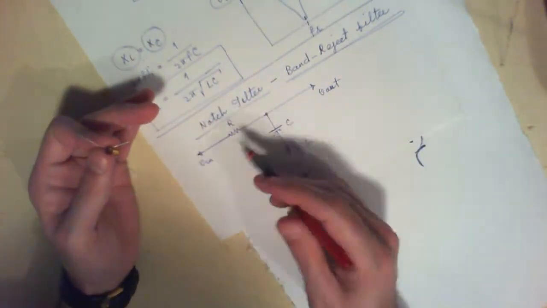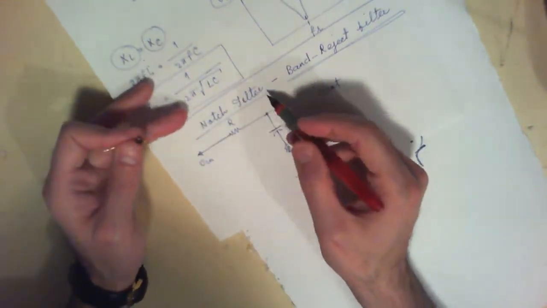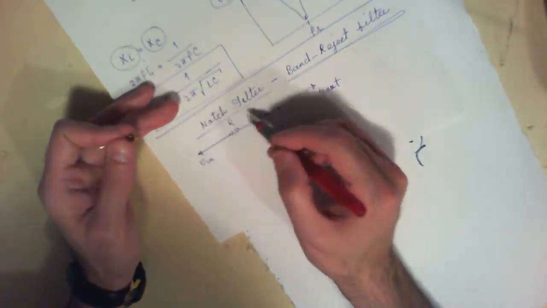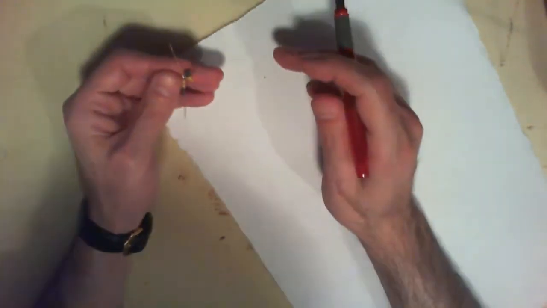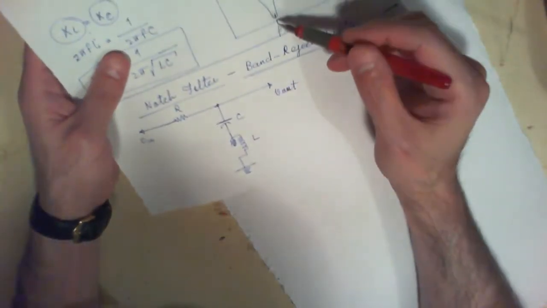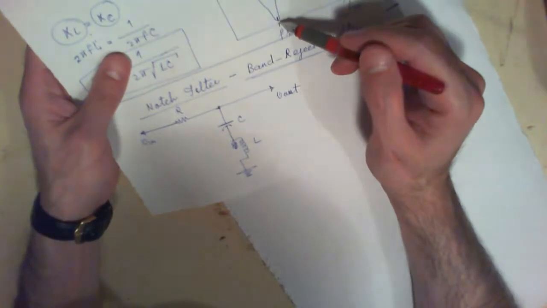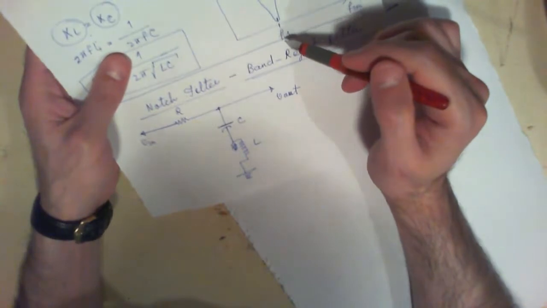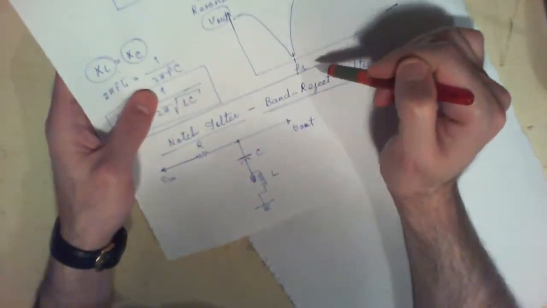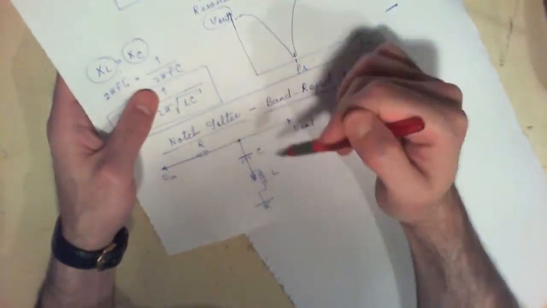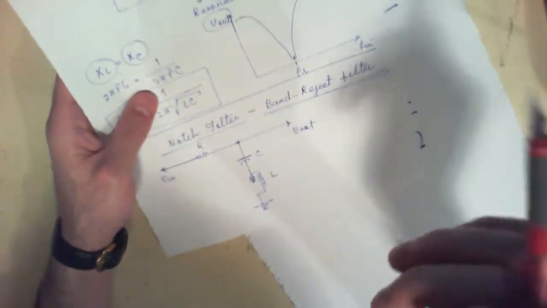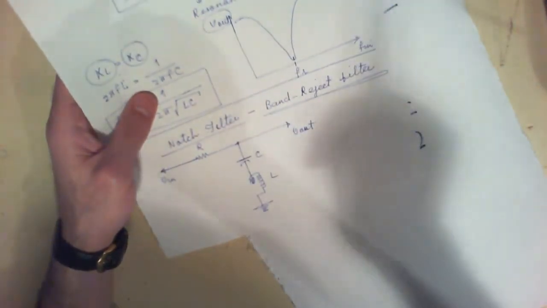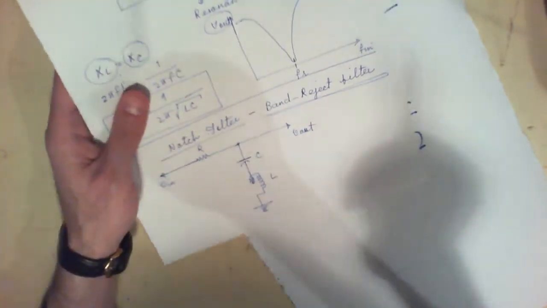I want to test that notch filter or band reject filter. But before we do the experiment, because we know that this dip is going to happen at resonant frequency, we need to know what the resonant frequency for this circuit is, so that we can expect where to play with the function generator.